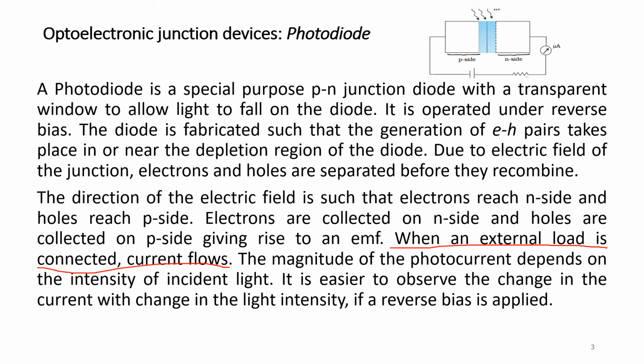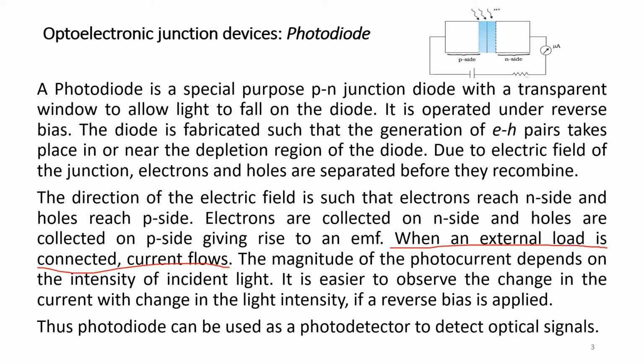That is, if intensity is more, the current is also more. It is easier to observe the change in the current with the change in light intensity if a reverse bias is applied. This also we have seen in the previous graph. We can observe that if the light intensity increases, the current also increases.